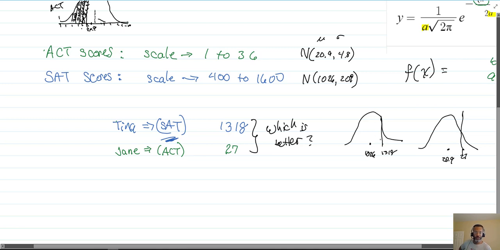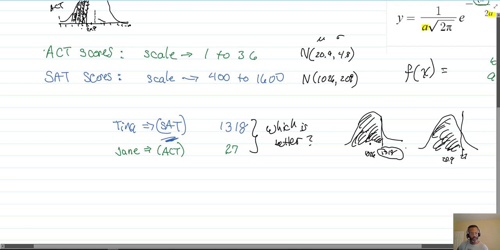So what we're going to do is say that, well, that 1318 corresponds to a certain point where everyone here on the left had a score that was less than. And that's for the 1318. For the 27, everyone over here on the left had a score that was less than.